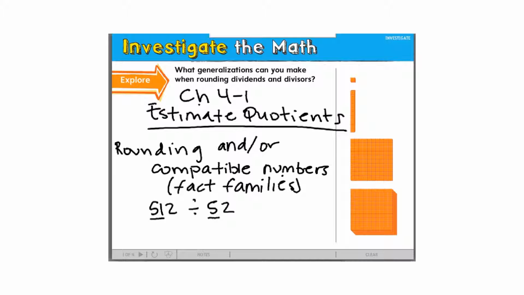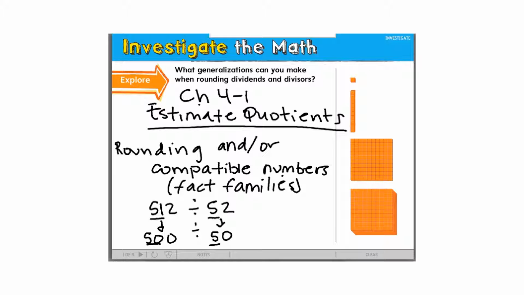So I have a 5 and I have a 51. If I made this 52 into 50, so that now I'm just looking at a 5, and I made this number here 500 or 50.